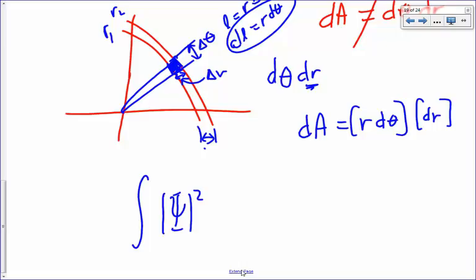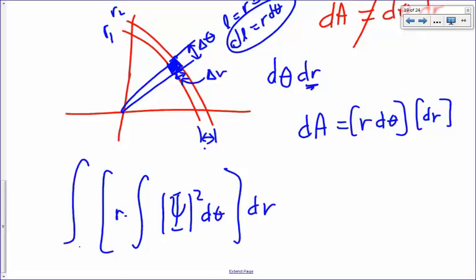First, we integrate it with respect to theta. Then we multiply the result by r, and then we integrate it with respect to r, from 0 to a, and theta from 0 to 2 pi.